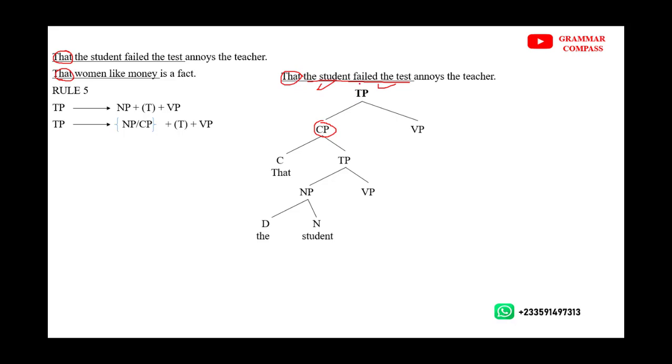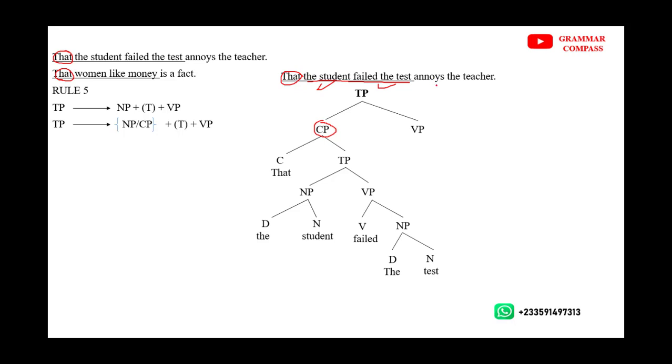We have the verb, that is failed, our head word, and then an NP, which is the test. So the test can be broken down to give us an NP that consists of the determiner the and then the noun test. We are done with the CP part of the sentence, that is, that the student failed the test. It is left with the VP part.